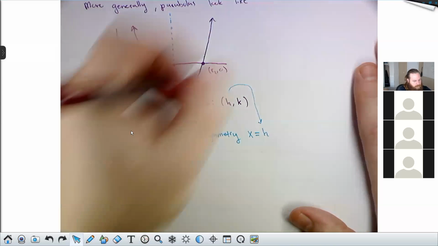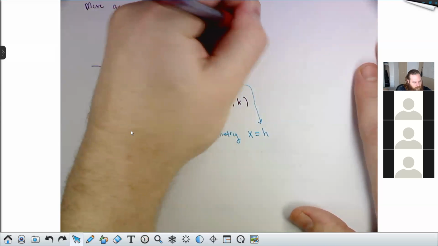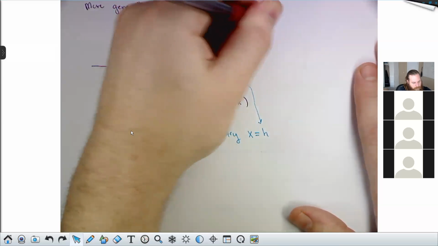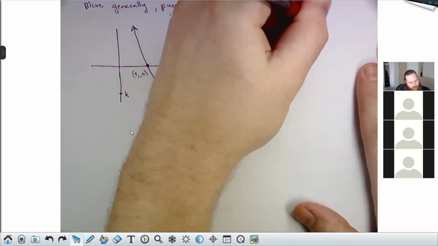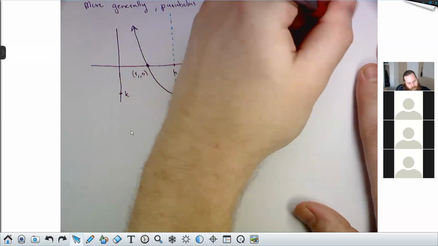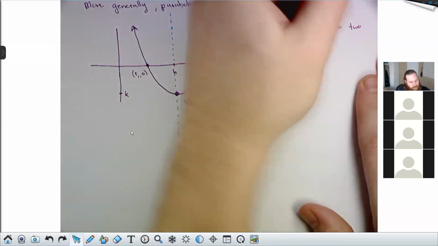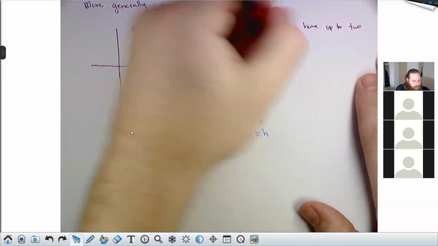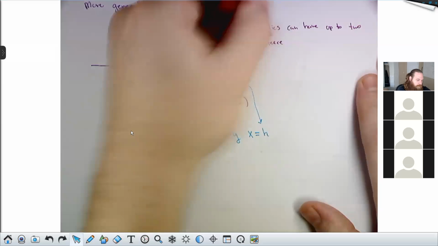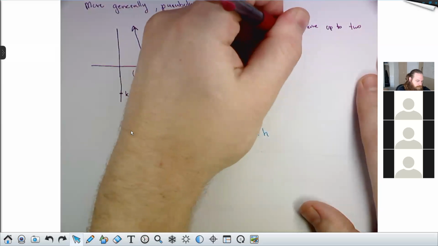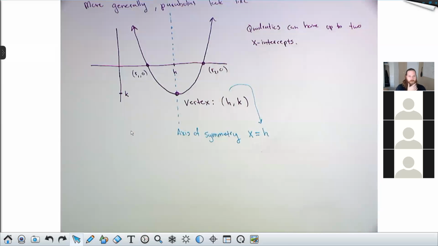Quadratics can have up to 2 x-intercepts, meaning no more than 2. And I'll give you a formula for those numbers r1 and r2 in terms of the coefficients eventually.